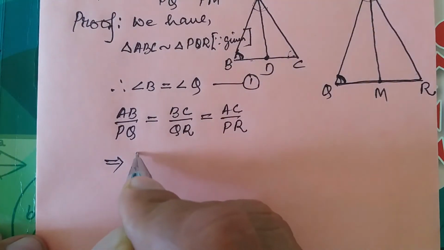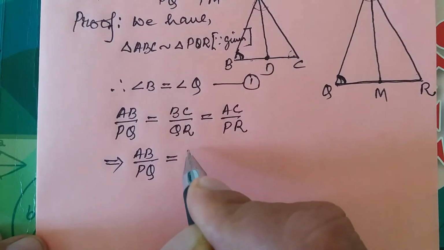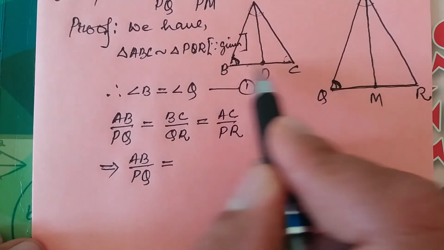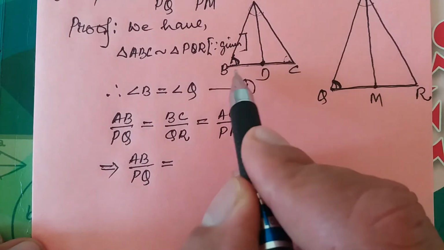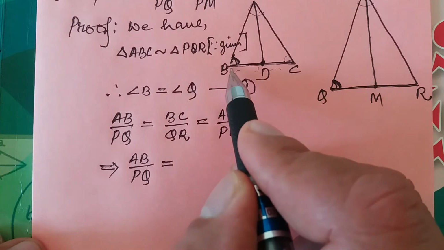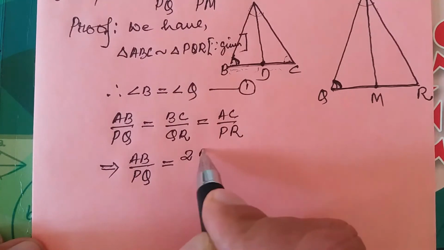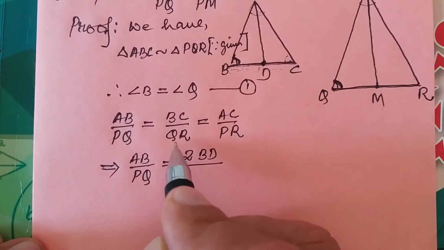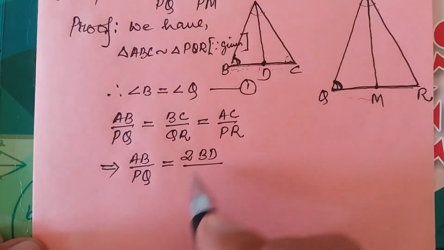Now AB by PQ is equal to, now this BC, since D is the midpoint, instead of BC we can write twice of BD or twice of DC. So now we're going to write twice of BD by, and this QR we can write twice of QM.